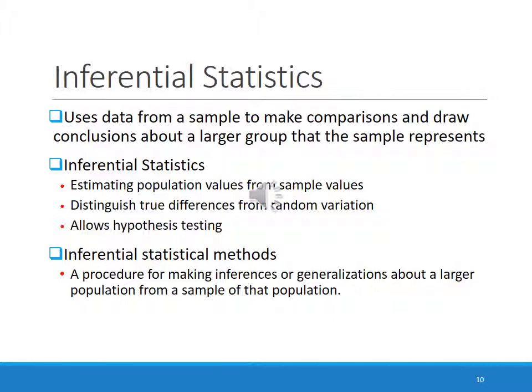The reason is that it's not possible for us to study each and every one of an entire population. It helps us in estimating population values from sample values. We use inferential statistics to distinguish whether the differences we found in a study is a true difference or a variation that occurs by chance. It also allows us to test the hypothesis we develop for our studies.